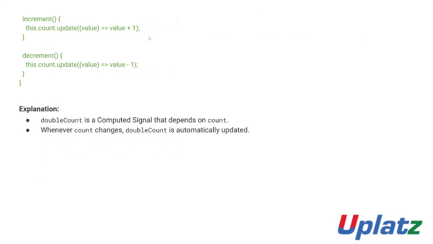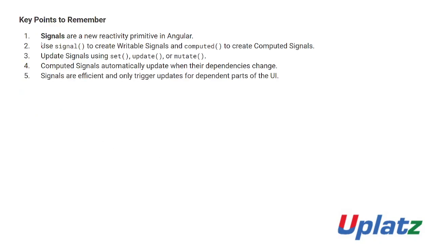Increment is the same: this dot count dot update, then value, then arrow function, value plus 1, and for decrement, this dot count dot update, value, then arrow function, value minus 1. Double count is a computed signal that depends on count. Whenever count changes, double count is automatically updated. Key points to remember.